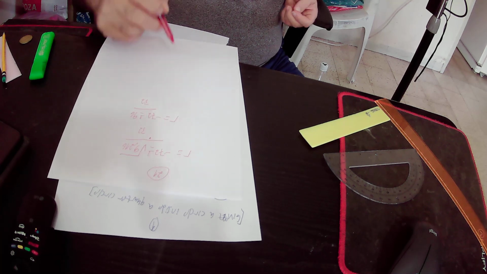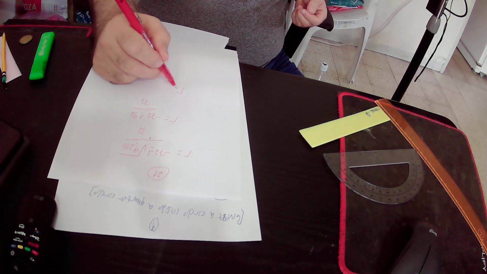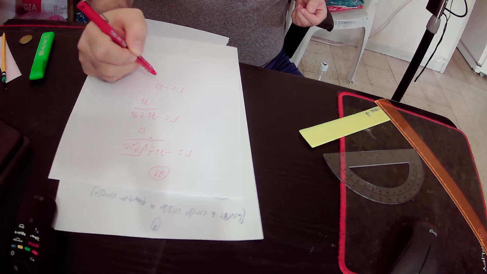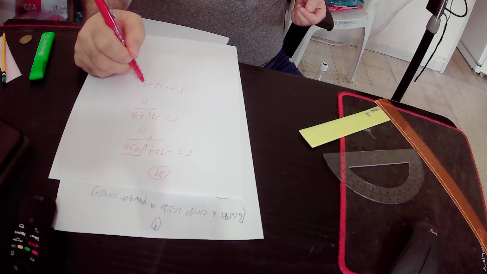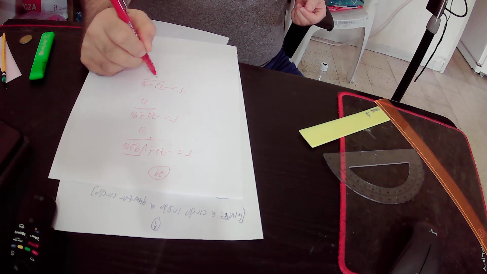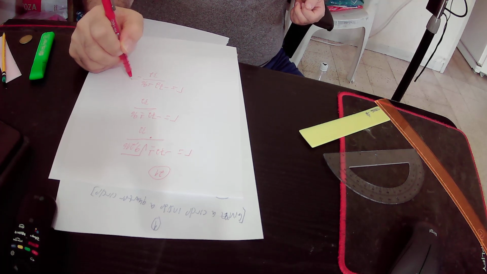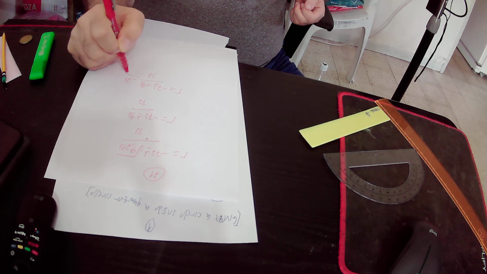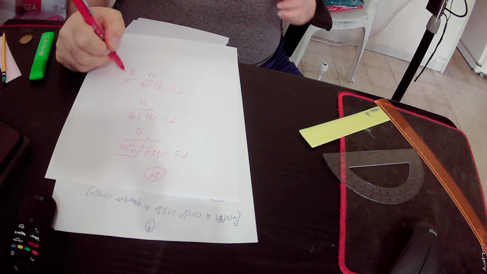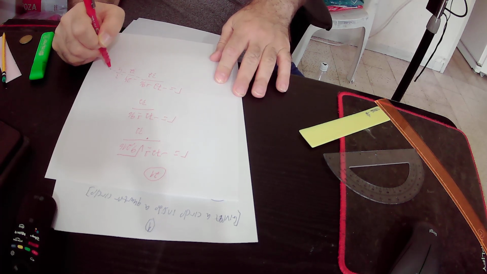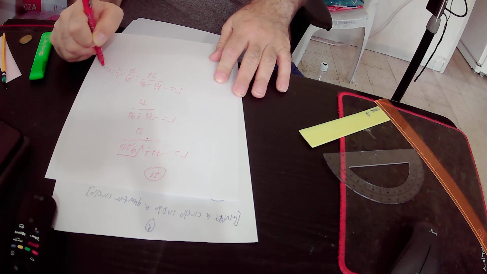So one solution is that r equals to minus 72 plus 96 over 32. 96 minus 72 is 24 over 32 is actually 3 over 4, that equals to 0.75.